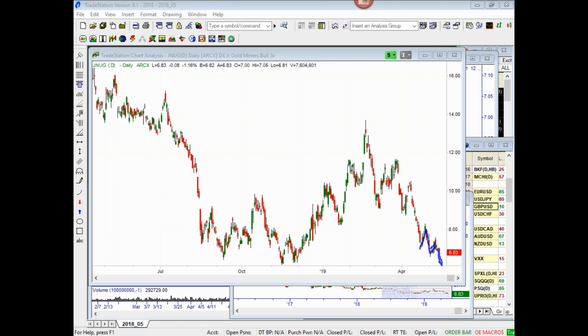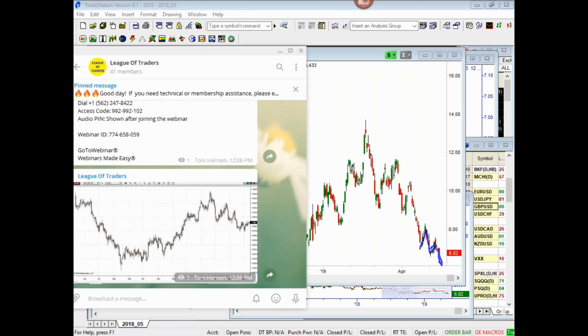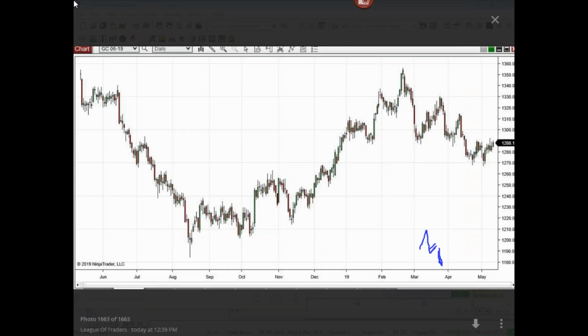So we're still holding a two-wave correction. I'm going to post this for you. So we've still got a two-wave correction here.